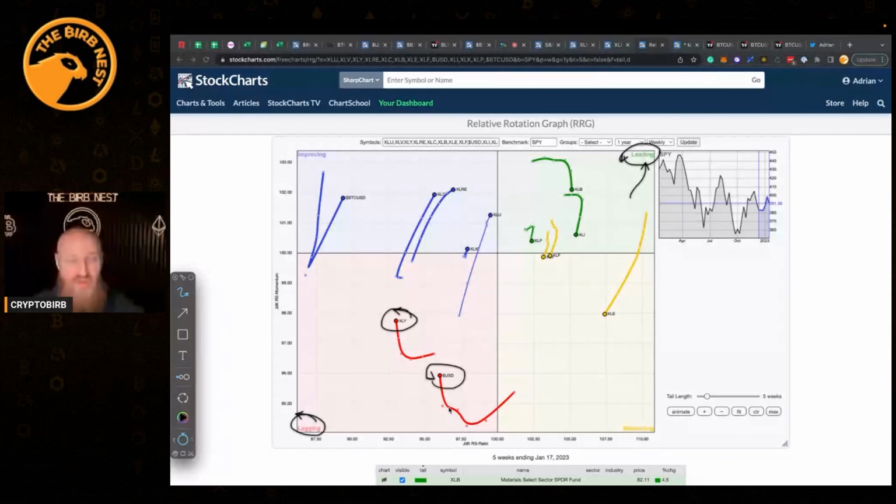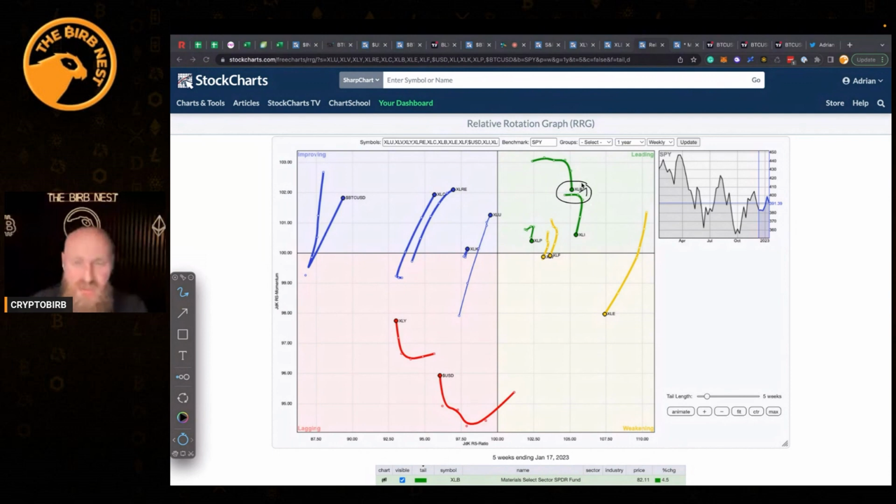You don't have to literally short it. You can just allocate more weight to something that shows leadership, like basic materials, or XLI, which is the industrials, or XLP, which is consumer staples, right? And you would not want to be so overweight. You want to allocate much less weight to, let's say, consumer discretionary, right?